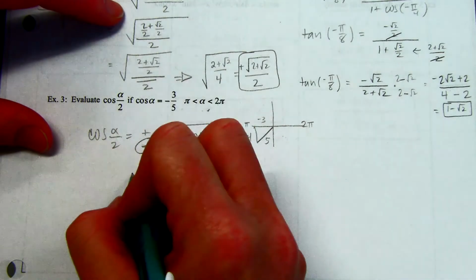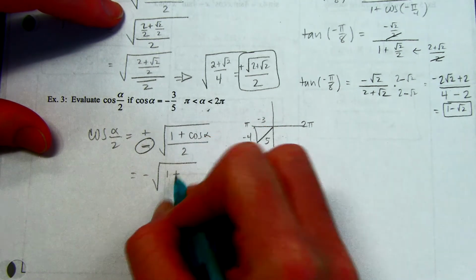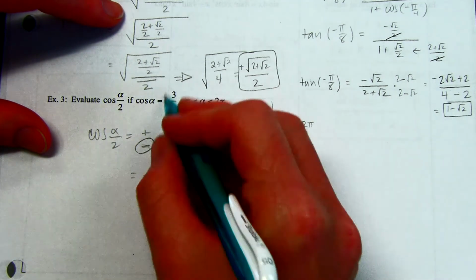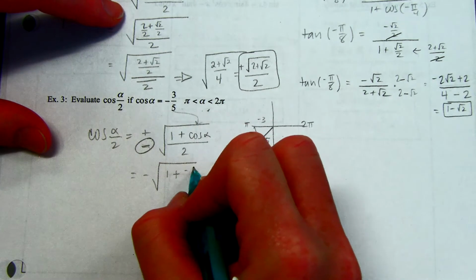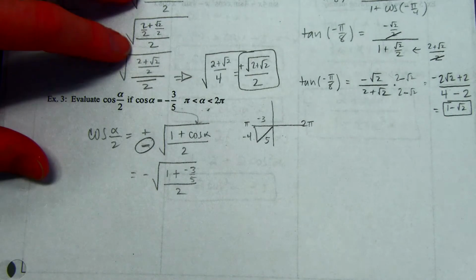All right, so we've got negative root 1 plus, what's the cosine of alpha? It's right there, so you plug it in, negative 3/5 all over 2. And then you just simplify.